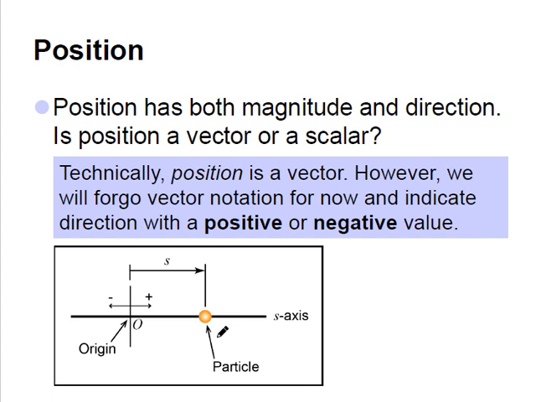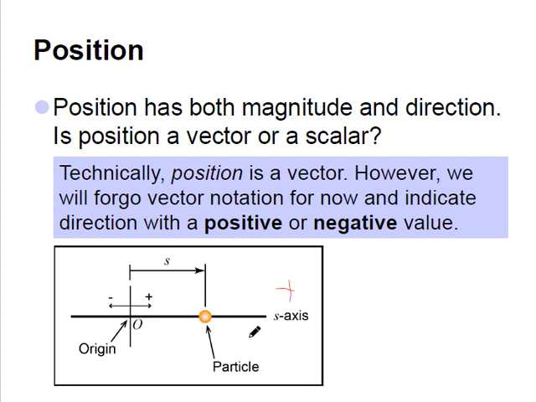So this means that it has magnitude. The magnitude in this example, because our interest is distance traveled, from here to here, s, that's your magnitude. So it means how far from the starting point to the final point. So it has both magnitude, how far, and the direction is going to the positive, to the right. So this is the right side and that is the left side. So you have two directions on this coordinate axis.